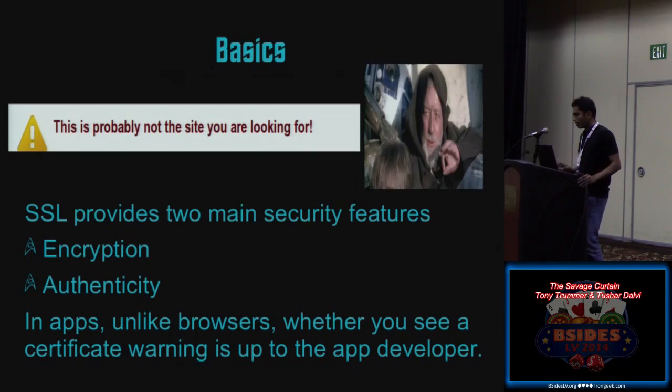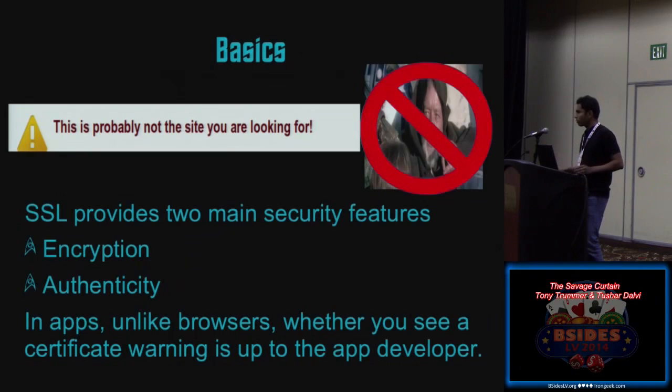So typically in the event of an SSL handshake failure, browsers would show a browser warning saying, this is probably not the site that you're trying to visit, and so on. You get the gist of it. But in mobile applications, this safeguard is left at the mercy of the developers. And that has some security implications, as we will see.